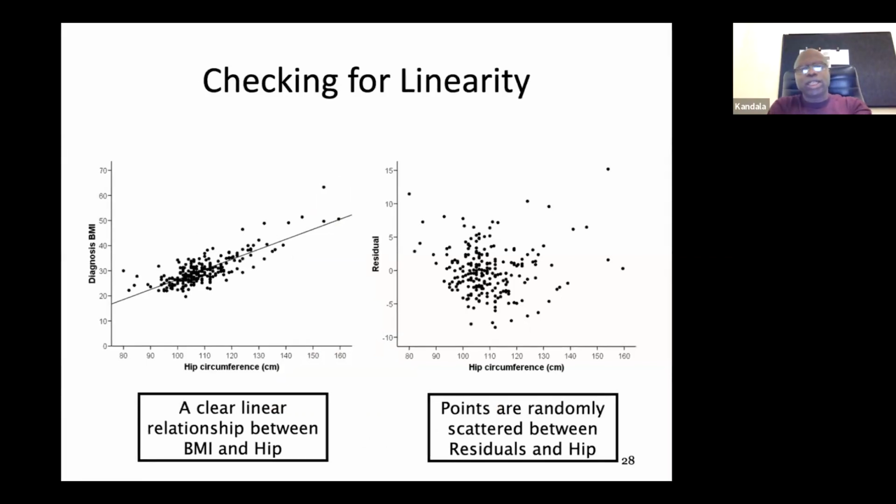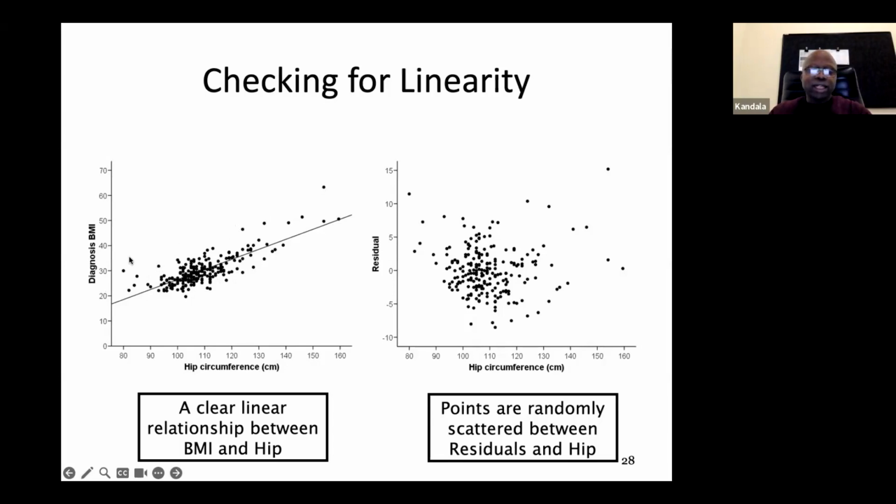And also checking the linearity assumption. For the case of BMI and IP, you can see that it is obvious from this that most of the points here are concentrated on this line.